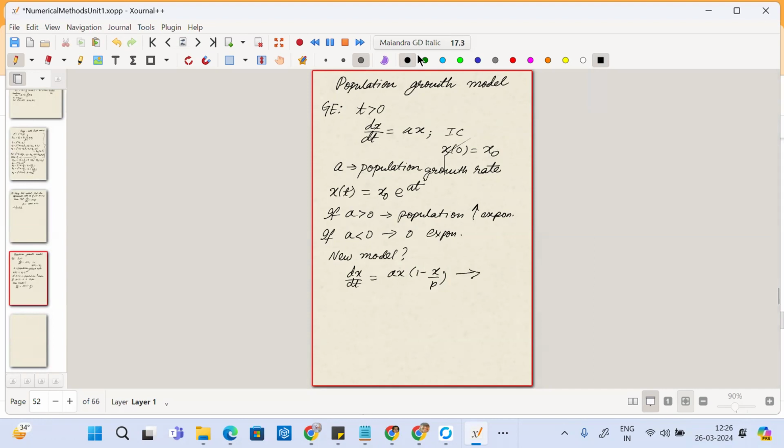I will give you this as an exercise, to try on your side. Solve it analytically. You can easily solve this.